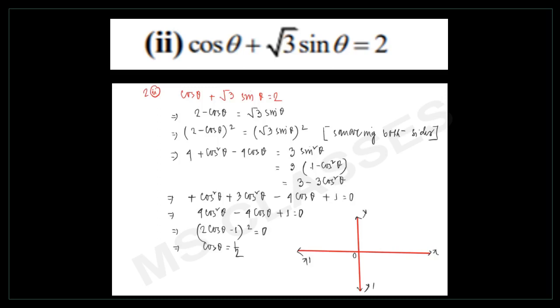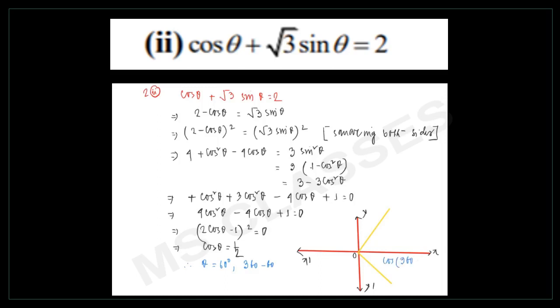So in the first quadrant, it is very simple to understand. This will be 60 degree. And in the fourth quadrant, what do we write? 360 minus theta. So first quadrant, this will be 60 degree. And fourth quadrant, now we can check also whether we'll get cos 360 minus theta as cos theta or not.